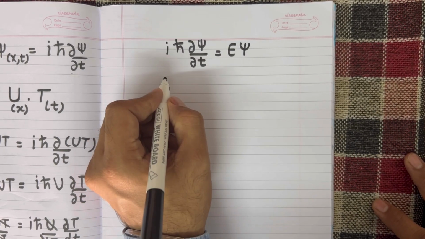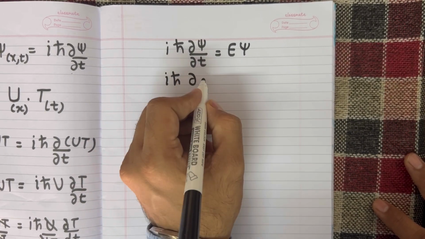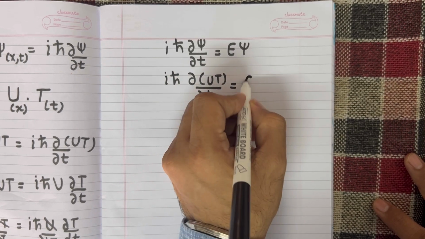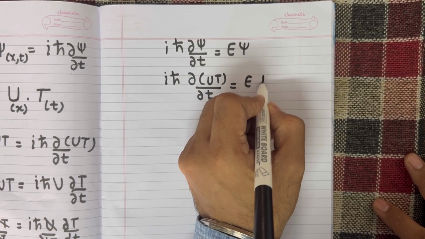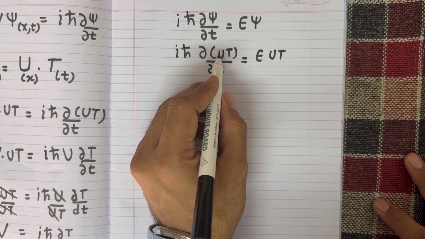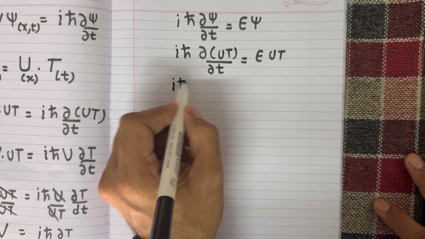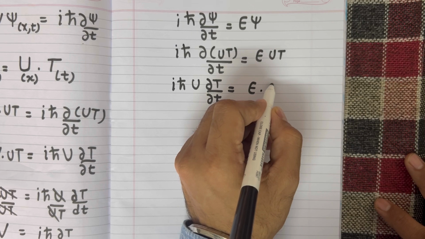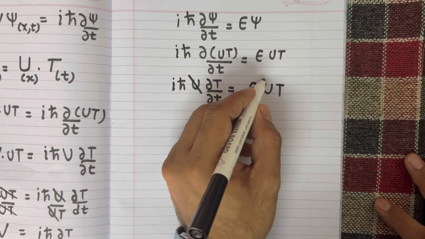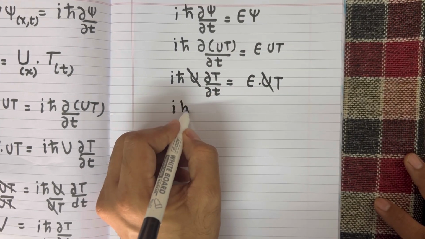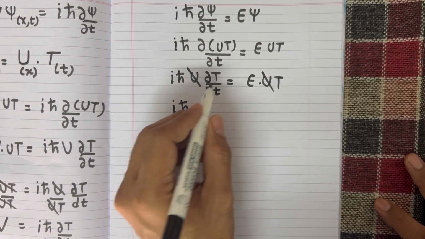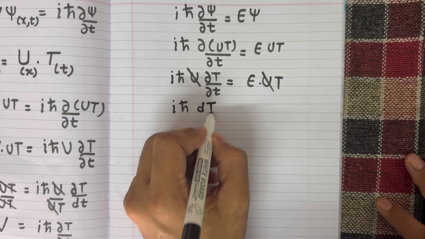Now, in this equation, if I substitute this psi as u into t, here also u into t, so u will come out of this derivative. U gets cancelled. So we'll get i h cross, and this we can write down as the ordinary derivative because t is a function of only time.